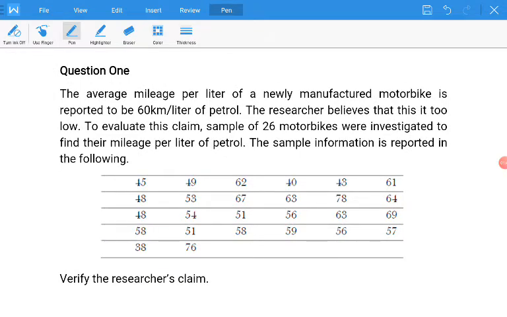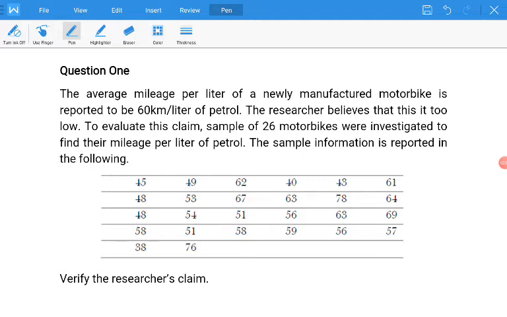The first question reads, the average mileage per liter of newly manufactured motorbikes is reported to be 60 kilometers per liter of petrol. The researcher believes that this is too low. To evaluate this claim, a sample of 26 motorbikes were investigated to find their mileage per liter of petrol.